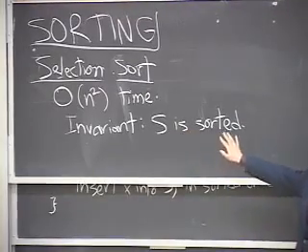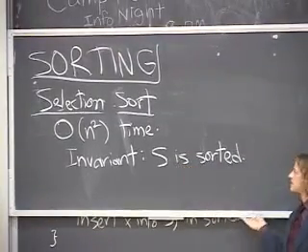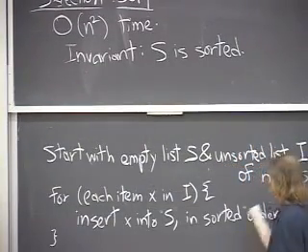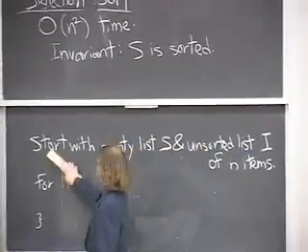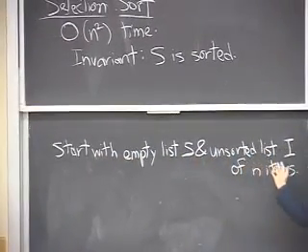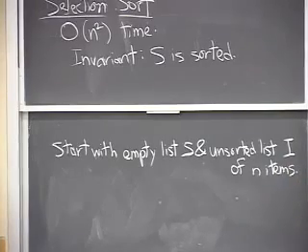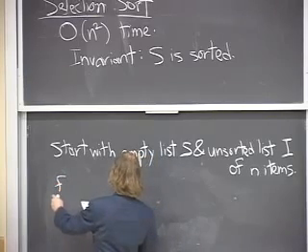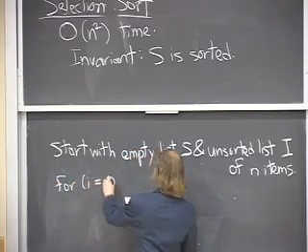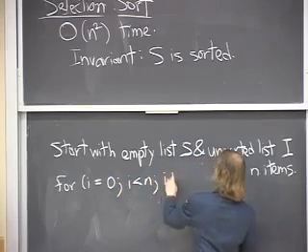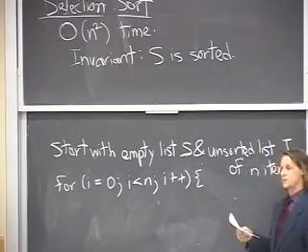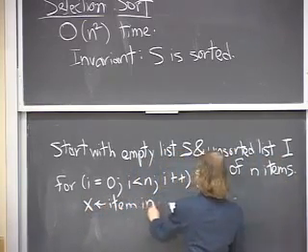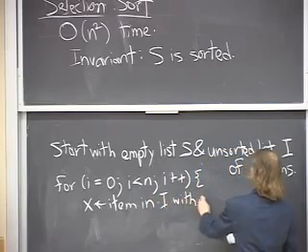Selection sort, just like insertion sort, maintains the invariant that we have a sorted list S, and we start with an unsorted list I. So this first line is the same. The rest of it changes. So we start with an unsorted list I of n items and an empty list S, and then we just loop n times, and each time we let x be the item in I with the smallest key.